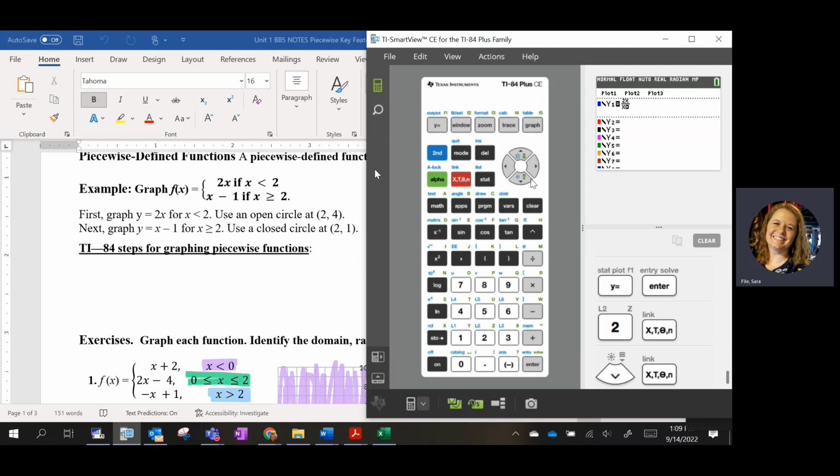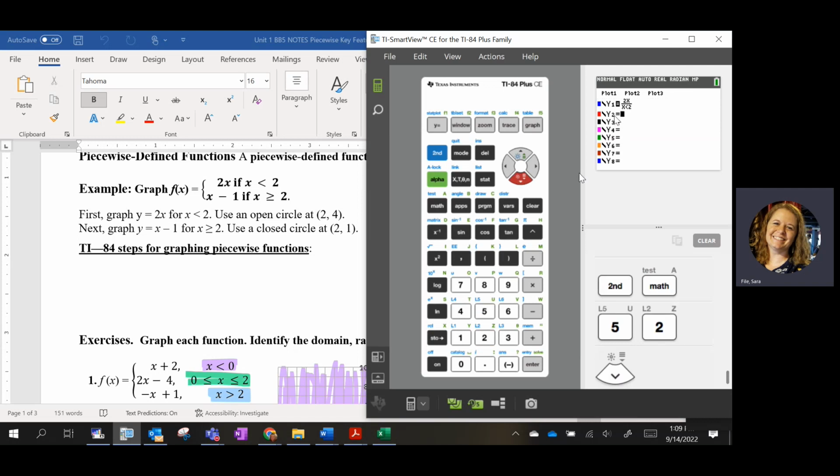Now, to get your inequality symbols, this is under the test menu. So you go second math to get your inequalities. We're typing in less than, so you can scroll down and hit enter, or you can just type in the 5 for less than. So x is less than 2. Okay, so that's my first piece.